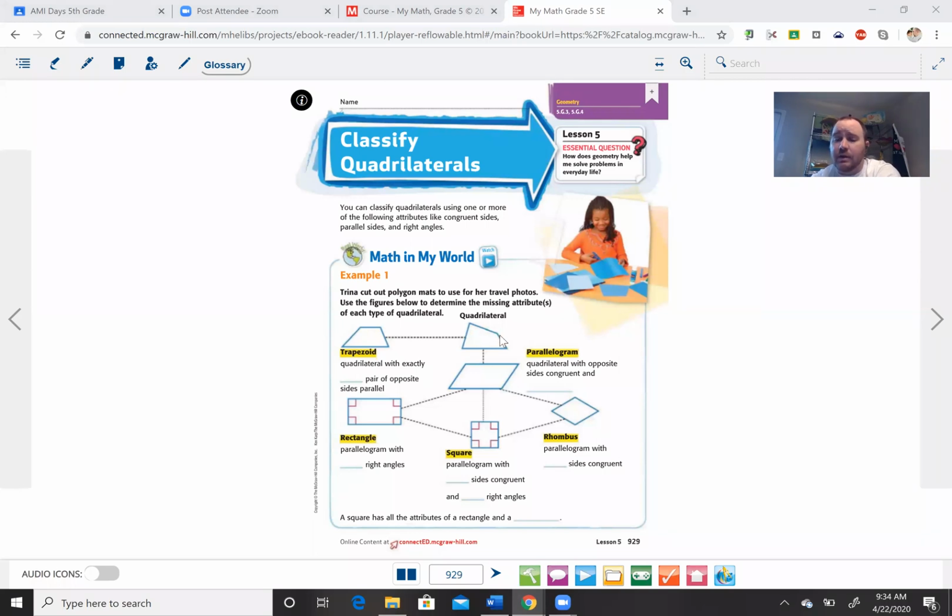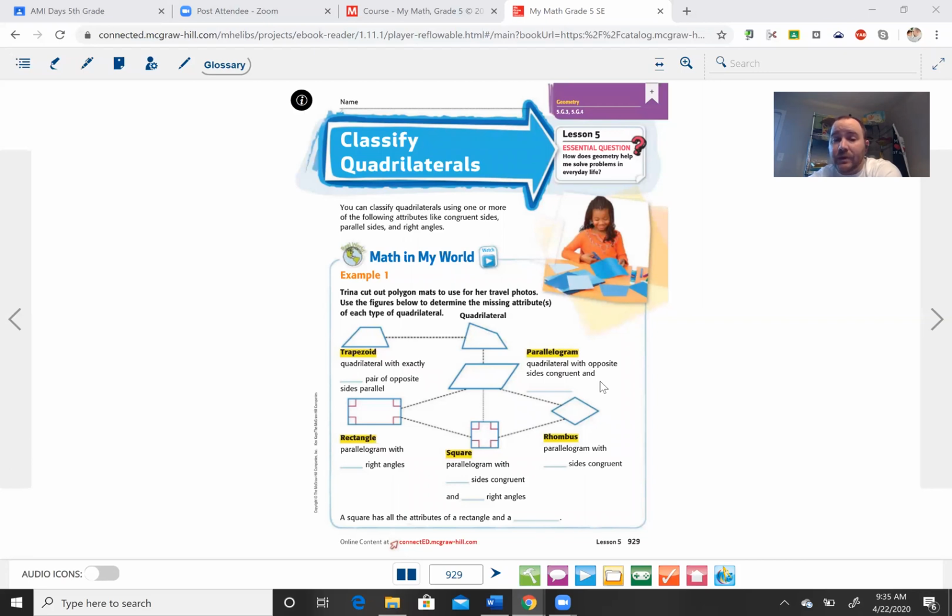But most of them are going to go down this train, which is a parallelogram, which basically means a quadrilateral with opposite sides congruent. That just basically means opposite sides are the same size. So opposites are equal. That's all it means.